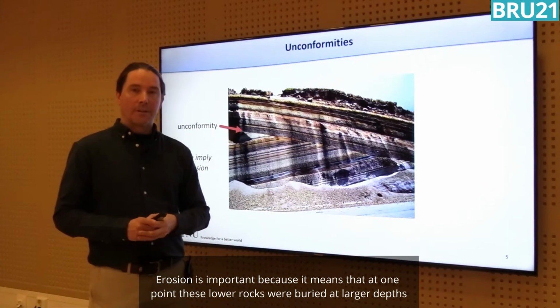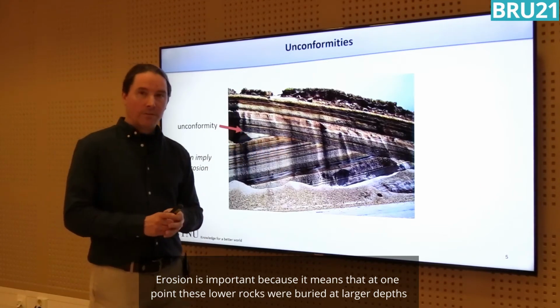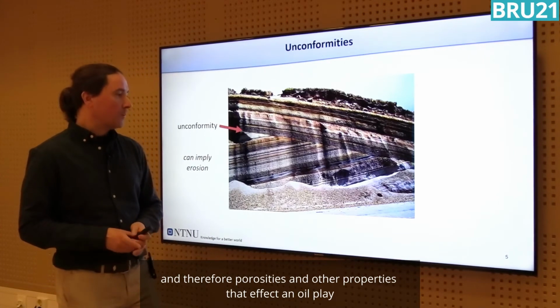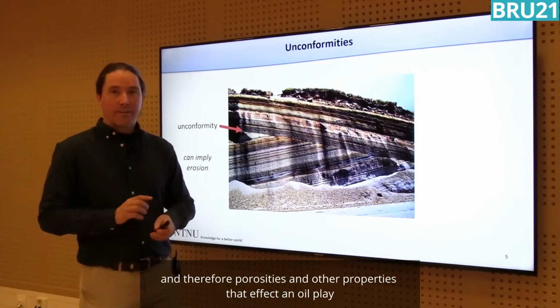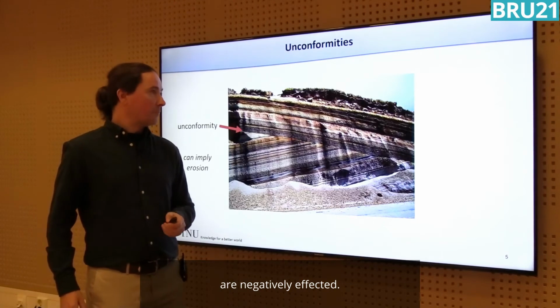Erosion is important because it means that at one point these lower rocks were buried at a larger depth, and therefore the porosities and other properties that affect an oil play are negatively affected.